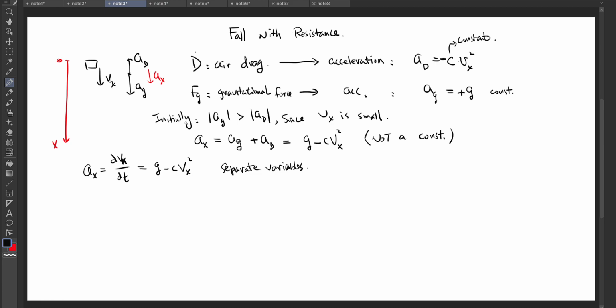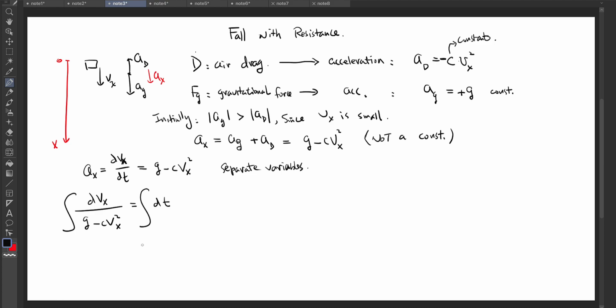So I'm going to move all the g's to the left side, and then I get dVx over G minus C Vx squared equals dt. The separation of variables is like doing multiplications. Simply multiply by dt, because we know the derivative comes from the ratio of two quantities, so you can multiply the denominator to the right side. And then we're going to do the integral.